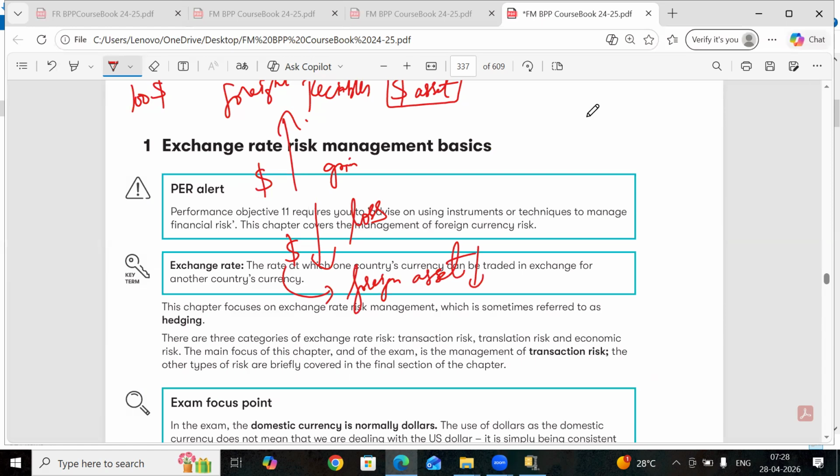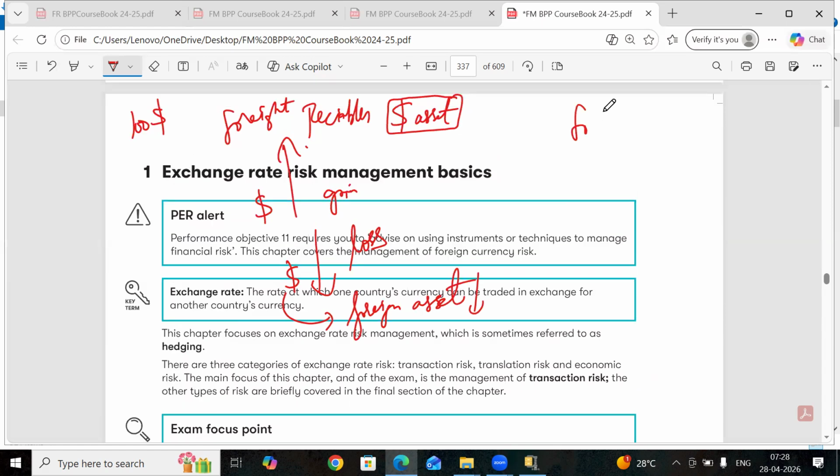In the same way, foreign payables. Now, today $1 is 90. If it goes to 100, we are paying extra. So the dollar should depreciate, then gain. If the dollar appreciates, loss.